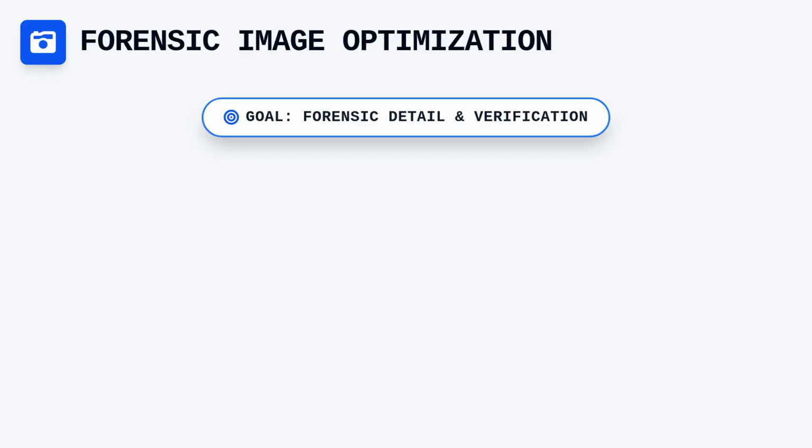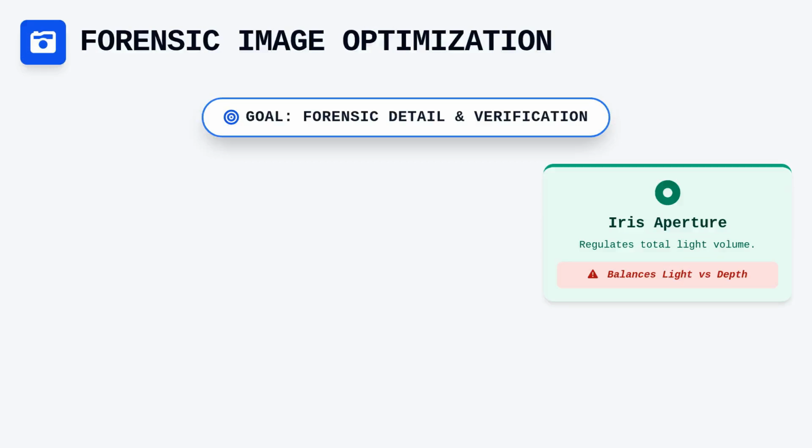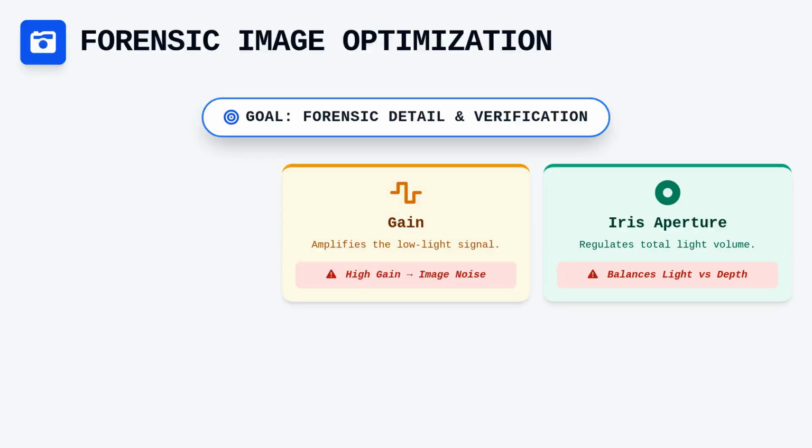To manage these variations effectively, we must understand the fundamental triad of exposure: shutter speed, gain, and iris aperture. Each element serves a specific purpose, yet they often work in opposition when it comes to balancing light sensitivity with signal clarity. For instance, increasing gain amplifies the signal to illuminate a dark scene, but it simultaneously magnifies the noise floor, which can obscure critical details like facial features or license plates.